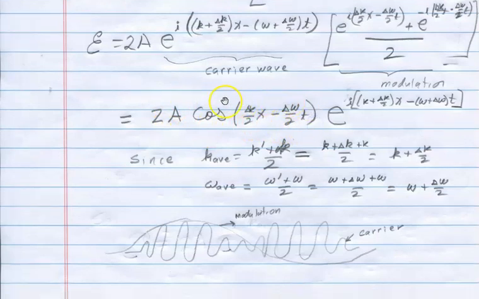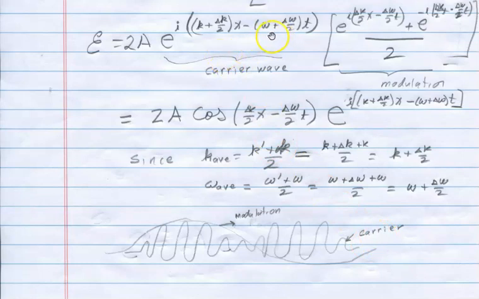So in a sense, it's like a varying amplitude, and this other portion is the carrier portion, and it has effectively a fixed wavelength and frequency, or k average and omega average. Moreover, you can look at some comparative things. The carrier wave.